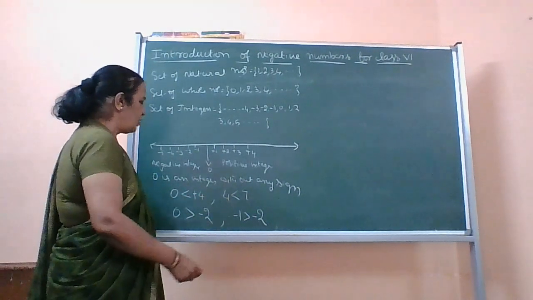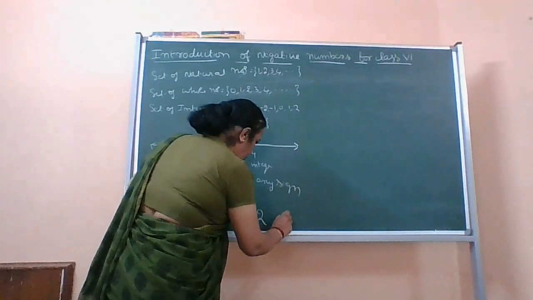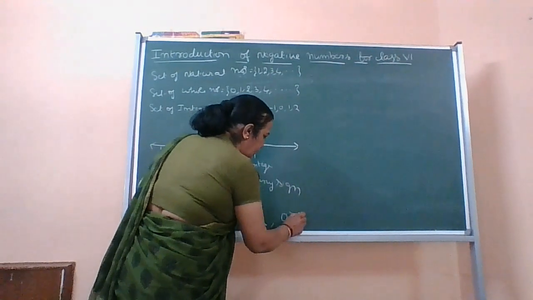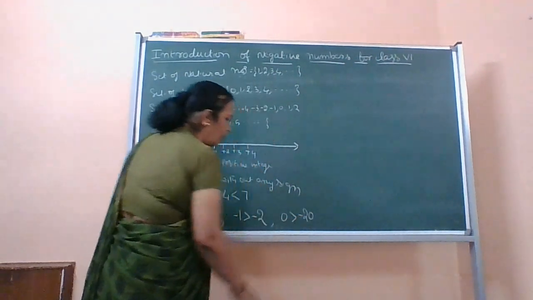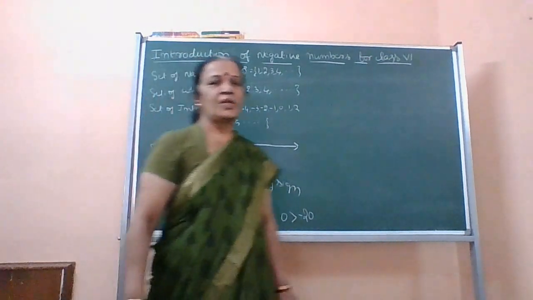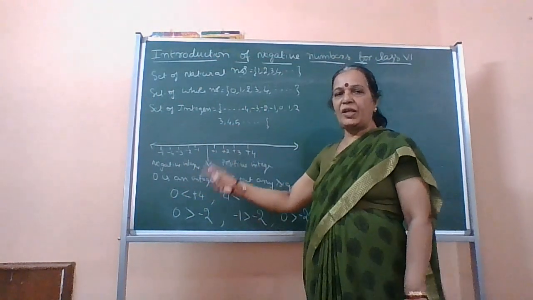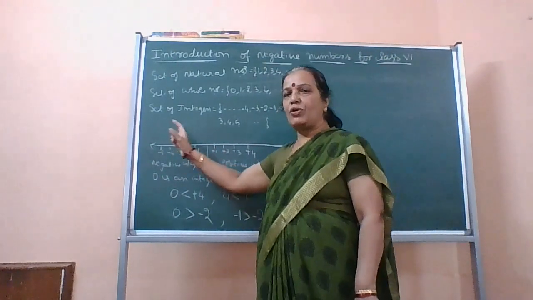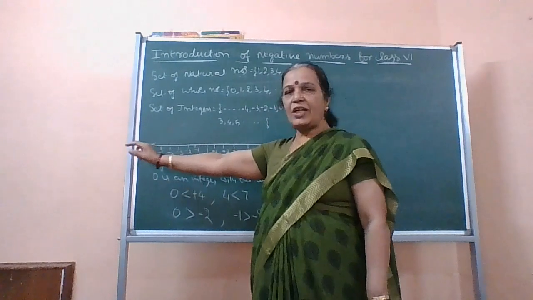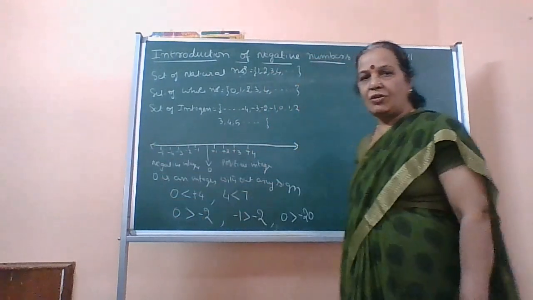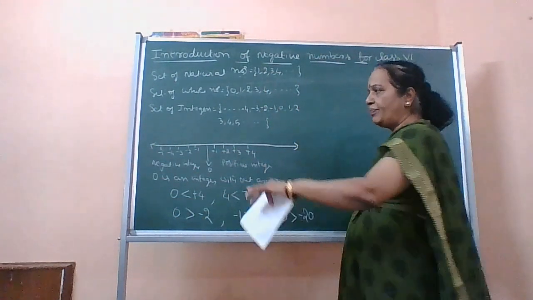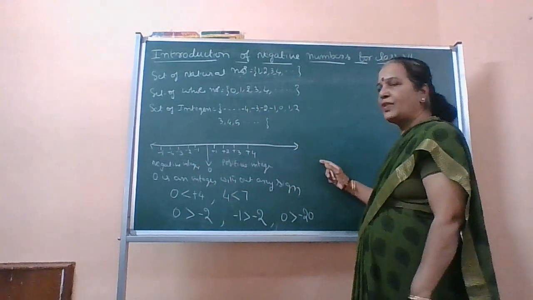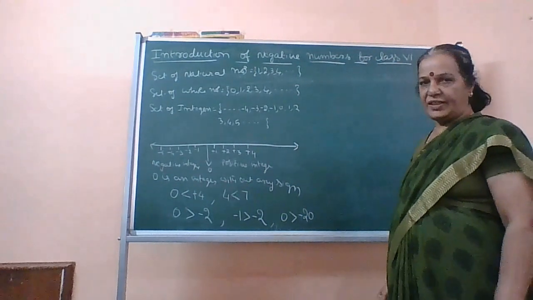And 0 is greater than minus 20. That means if you write the minus sign and the value of the number, if you go towards the left side of the number line, the value of the number goes on decreasing, and if you come towards this side, the value of the number goes on increasing.